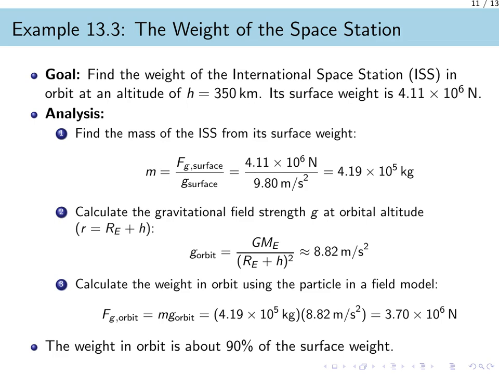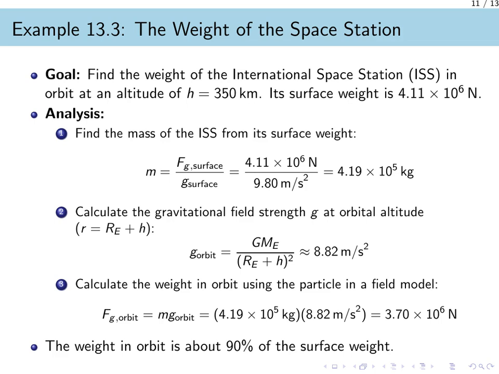Third, we find the station's weight in orbit by multiplying its constant mass by this new value of g. The result is an orbital weight of 3.70 times 10 to the power of 6 newtons. So, the space station is not weightless. Its weight in orbit is about 90% of its weight on the ground, a direct result of the weaker gravitational field at that altitude.